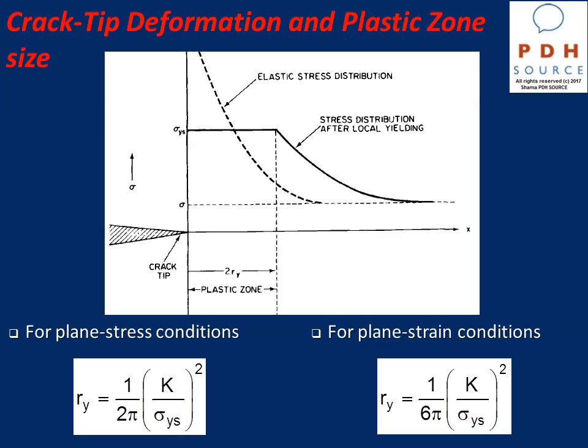But what happens actually? In fact, upon loading, the crack tip becomes blunted and a region of yielding and plasticity is going to develop in the vicinity of the crack tip. We call this the plastic zone.